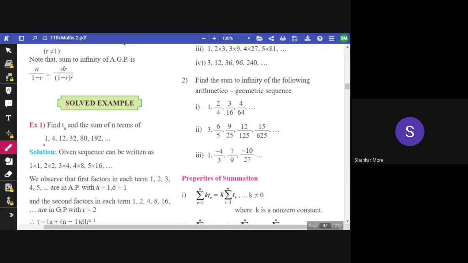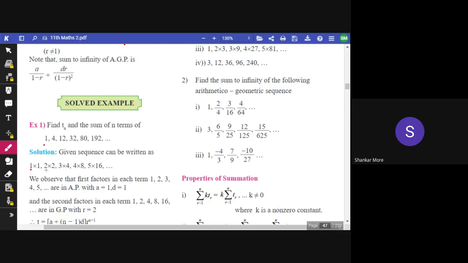So how will we find them? Let us see. 1 multiplied by 1, 2 multiplied by 2, 3 multiplied by 4, 4 multiplied by 8. So 2 multiplied by 2 is 4, 3 multiplied by 4 is 12, and 4 multiplied by 8 is 32. We observe that the first factors in each term are 1, 2, 3, 4.